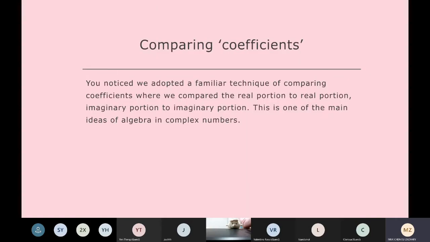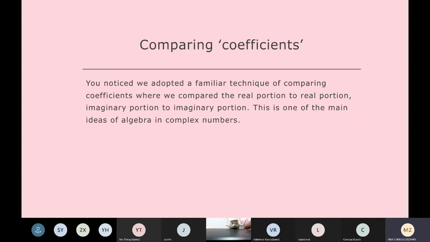Chop chop. Okay, now we'll come to one of the most important skills for complex numbers, and personally one of my favorite things to say, comparing coefficients. Because this is basically a lot of eye power, and also actually quite a bit of writing, depending on the question that you get.